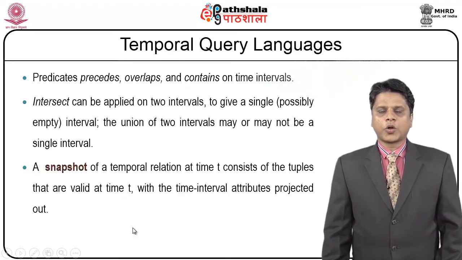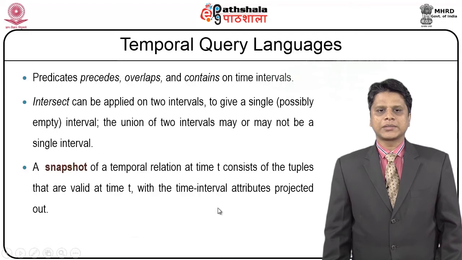Looking at temporal query languages, we have predicates such as precedes, overlaps and contains as clauses on time intervals. Intersect can be applied on two intervals to give a single interval. The union of two intervals may or may not be a single interval.